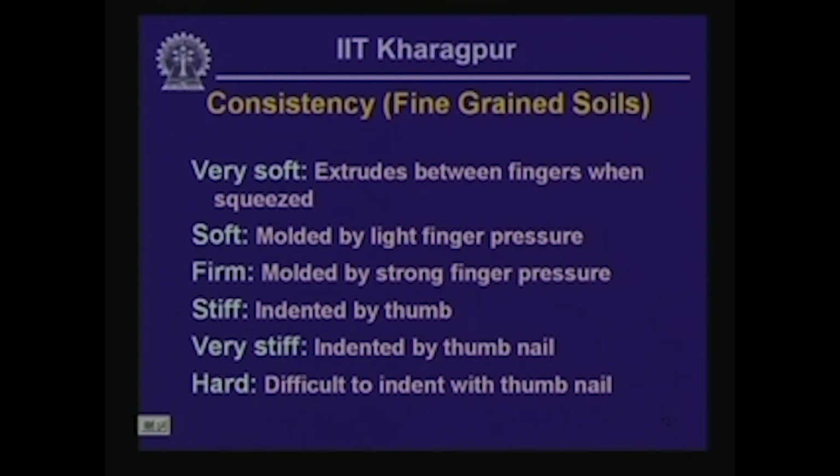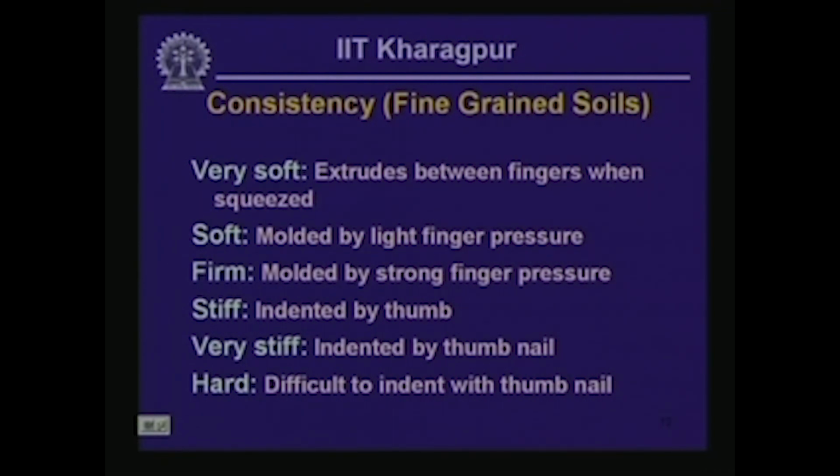So, consistency is applicable for fine grained soils such as cohesive silts or clays. These types of soils derive their strength from intergranular electrical bonds. We will see these aspects later on.